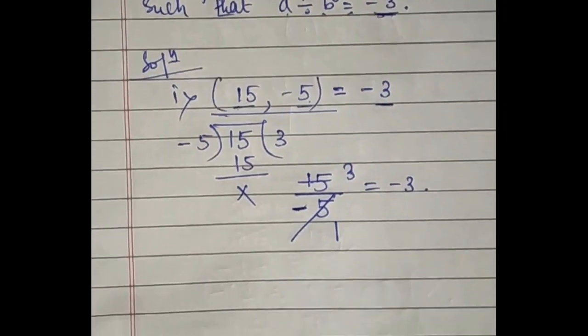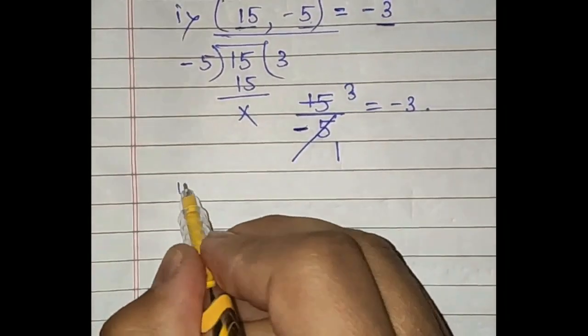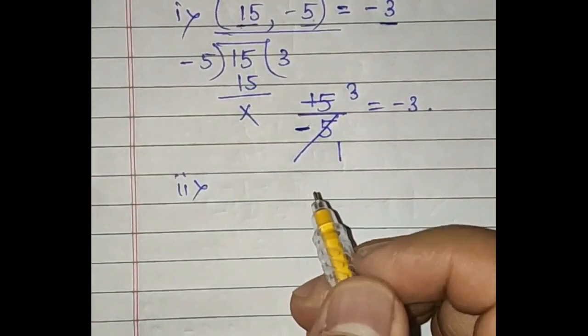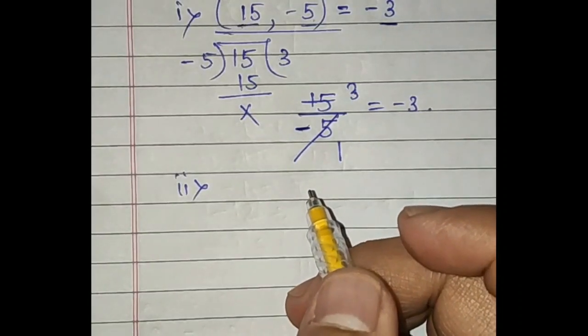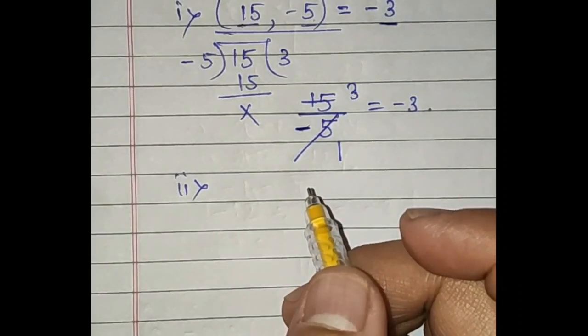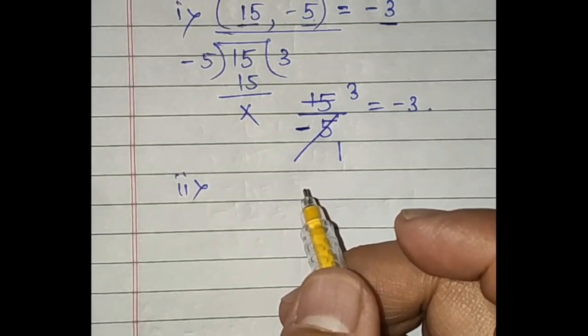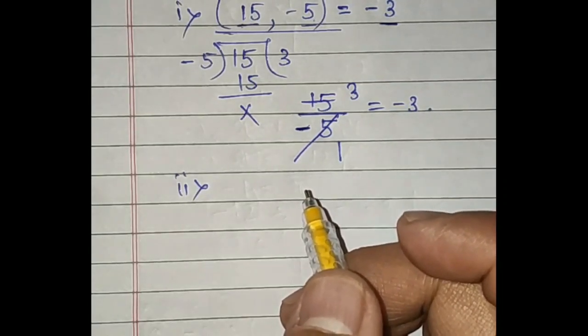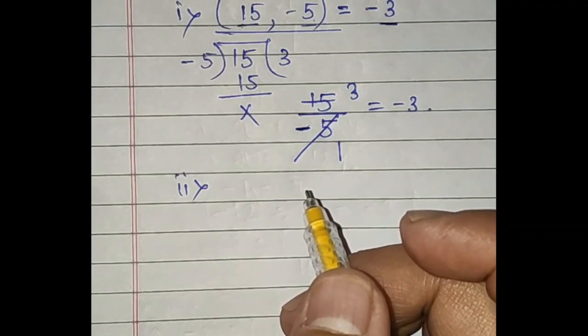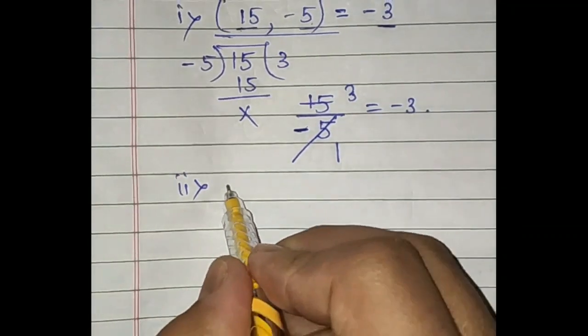All right, let us see another number. So -3 means it should be a multiple of 3: 5 3s, 7 3s. 4 3s is 12, so we can also choose 12 comma -4.